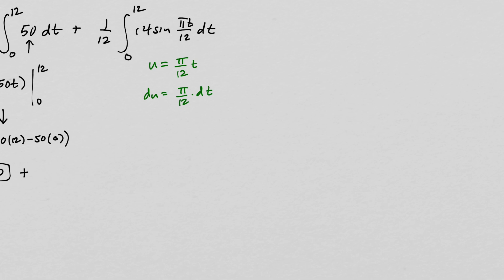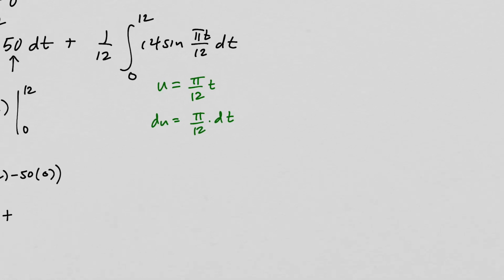So to do this integral, let's go ahead and rewrite it. So I have 1/12. I have the integral. I have a 14. Then I have sine of pi t over 12 dt. Now, why am I leaving space? Well, because we don't have the pi over 12 times dt.